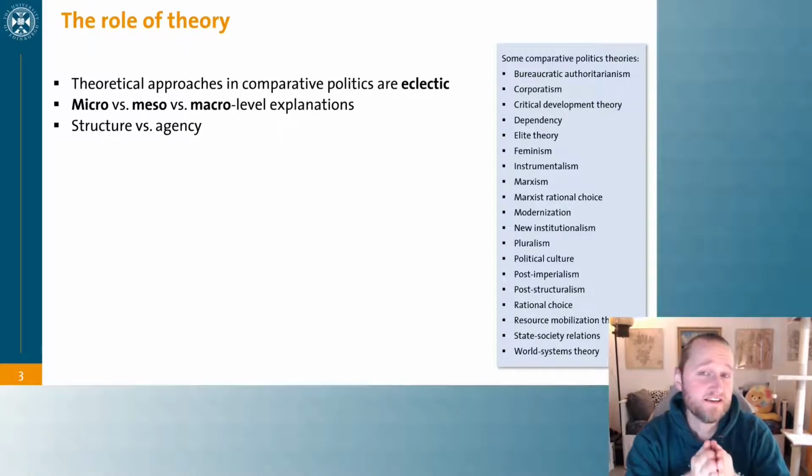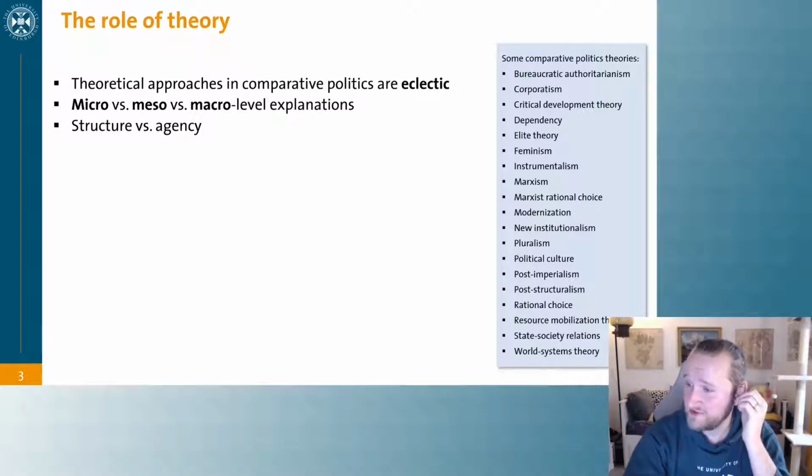What we need to understand is that comparative politics is theoretically extremely diverse. So there's a ton of different approaches in comparative politics, all of which try to explain, for the most part, their little niche of the political spectrum, of political phenomena that are out there in the world. I've just given you a few.